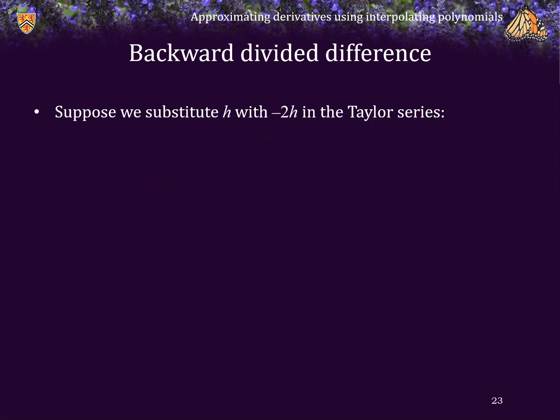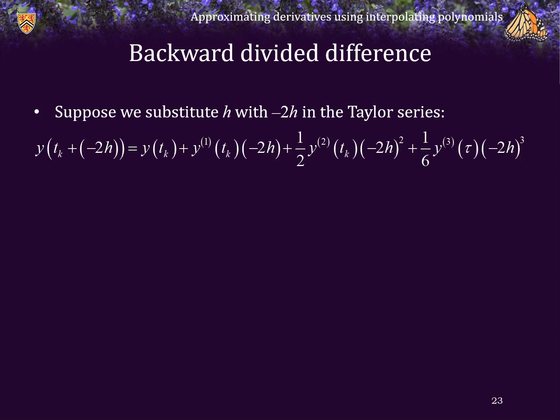All right, so now we have y at t sub k minus 2h. So let's substitute h with the value negative 2h into the Taylor series. So there's the Taylor series. It's a second order Taylor series, and we've substituted h with negative 2h.